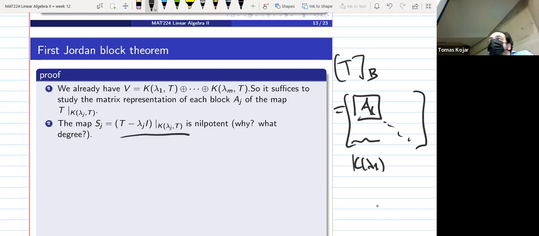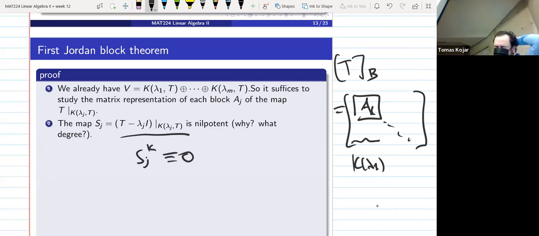This is S_j to some power is the zero map. So which power is it? Don't yell at us. Think about it. What do you guys think? Okay, let me see.